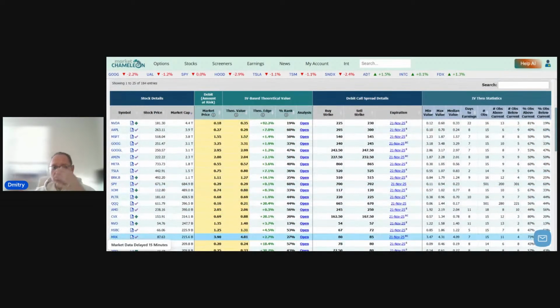That's what we used. We used two benchmarks and said, show me where the market price is below the benchmark using historical stock moves. Show me also, because I'm using both, where the market prices are below the historical average values using those implied volatilities unique to that stock.